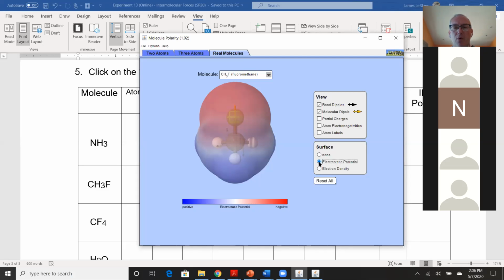What do you think? Would this have more intermolecular forces than ammonia or less? More? So you think it would boil at a higher temperature than ammonia? Does this have to do with the molar mass?